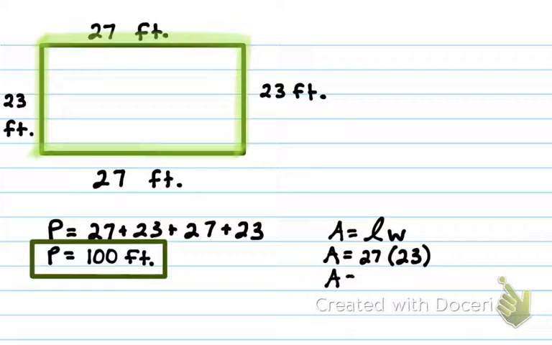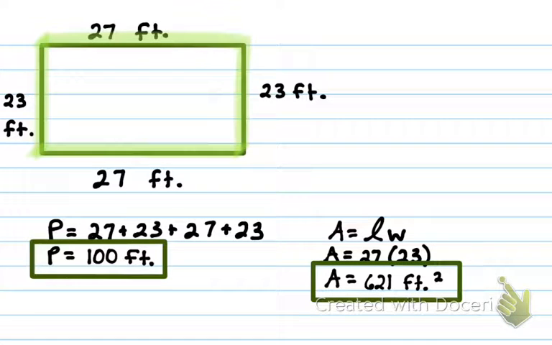Ellie, what's the answer? Okay, 621. How many of you also got 621? Okay, now what would my units be? Feet squared.